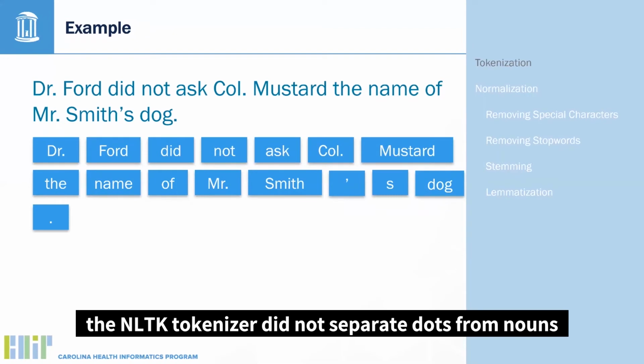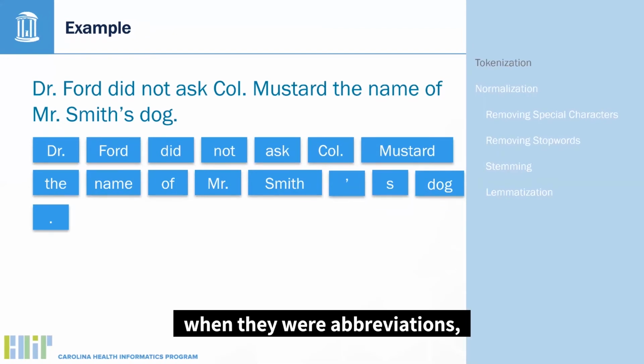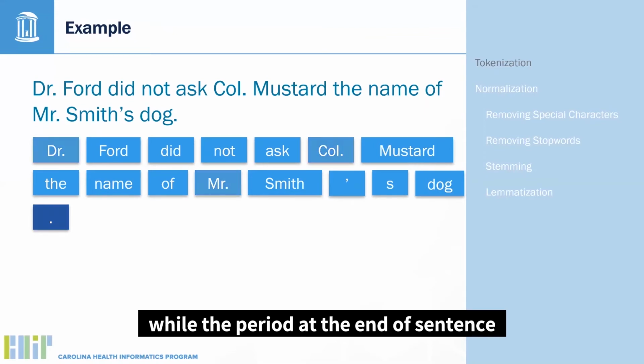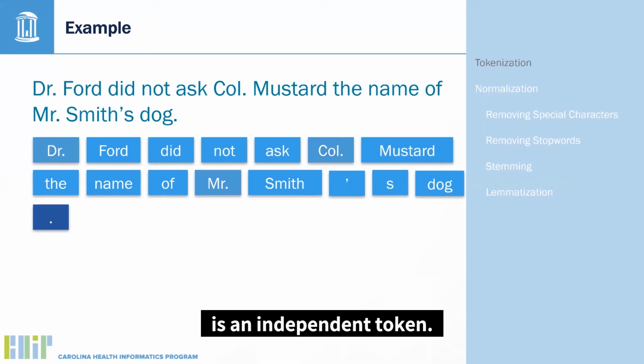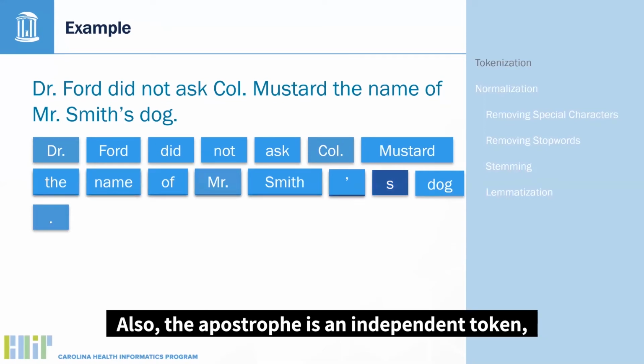Notice that the NLTK tokenizer did not separate dots from nouns when they were abbreviations, while the period at the end of sentence is an independent token. Also, the apostrophe is an independent token, so the possessive s is an independent token.